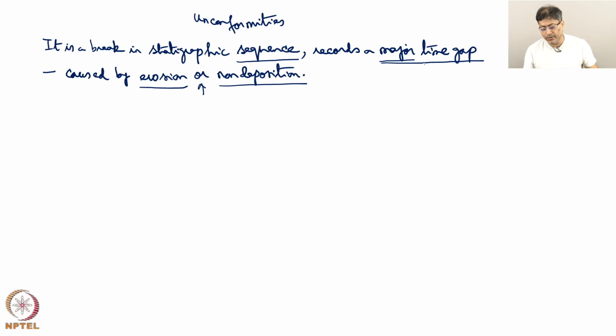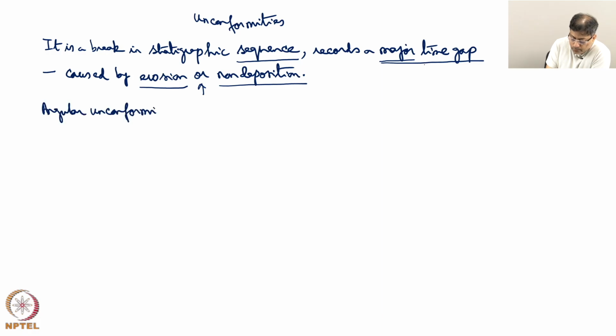Let us get into the different types of unconformities, and then the meaning of these words will be more and more clear. We start with the angular unconformity. Here we can think of an unconformity surface. AU stands for angular unconformity.